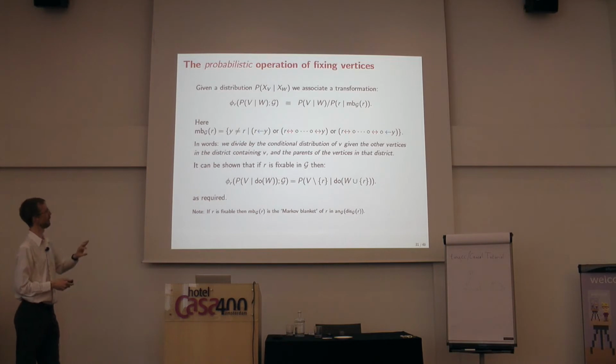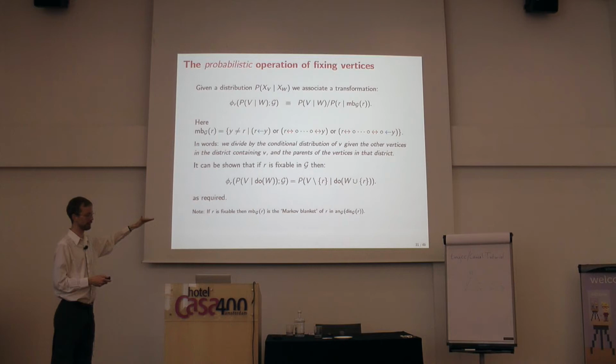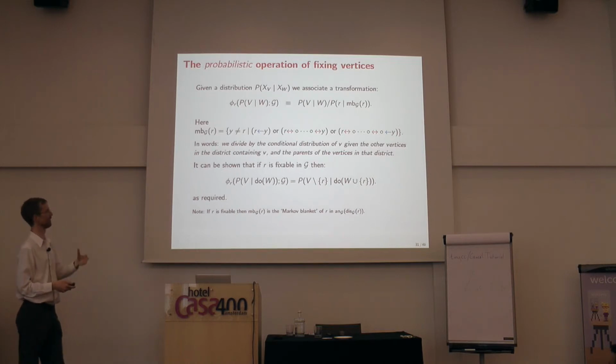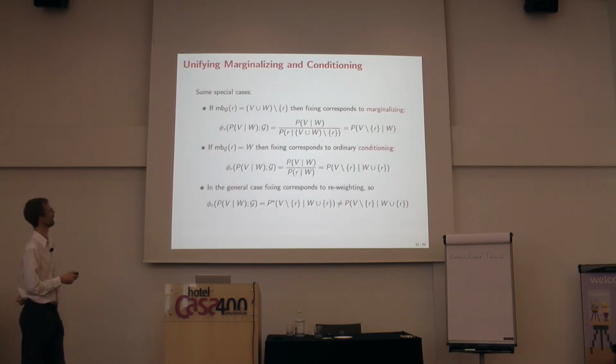So the interesting thing is that in this way we can roll into one kind of operation both marginalizing and crossing out terms from a factorization. In particular, if this set consists of everything except R, then fixing just corresponds to marginalizing.